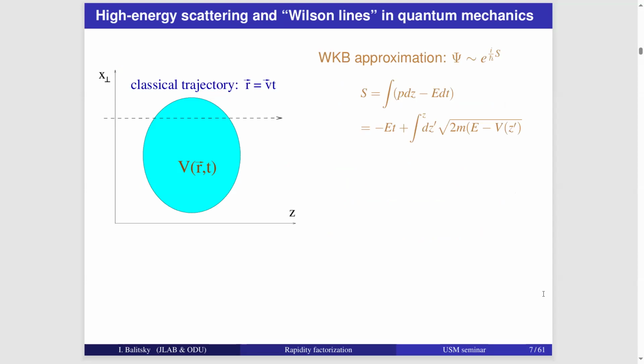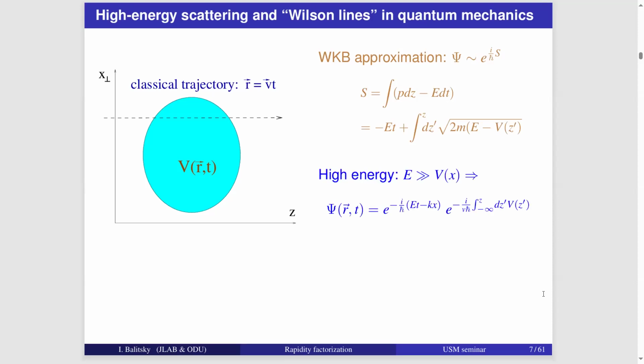Suppose a particle crosses some region with a potential at high velocity. In the WKB approximation, the wave function is e to the power i divided by h bar times the action. The action is given by this formula, and I rewrite that.